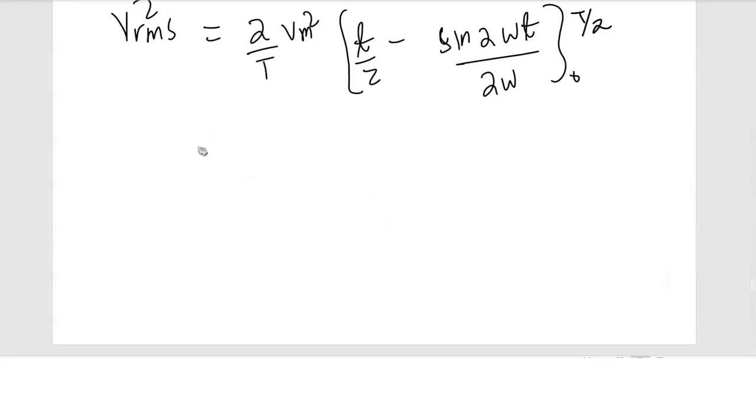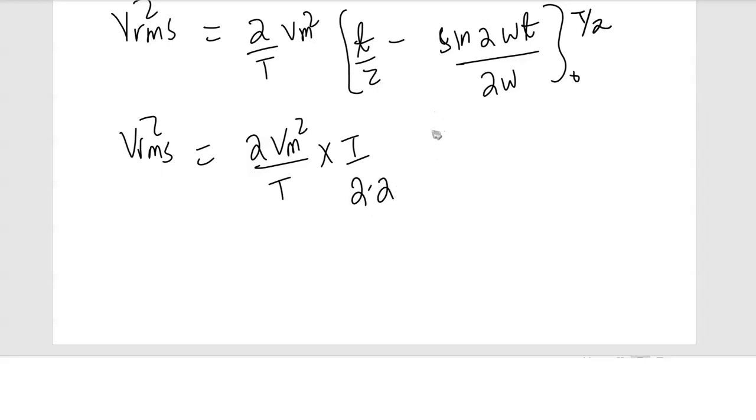But remember, if we substitute in here, this VRMS squared will become 2 Vm squared over T times T/2 times 1/2, minus sine 2 omega t.